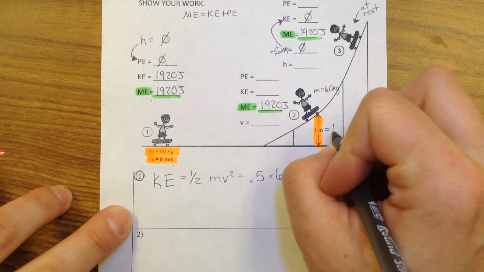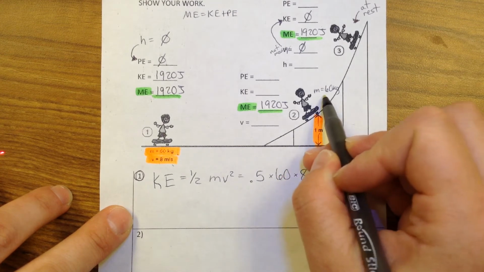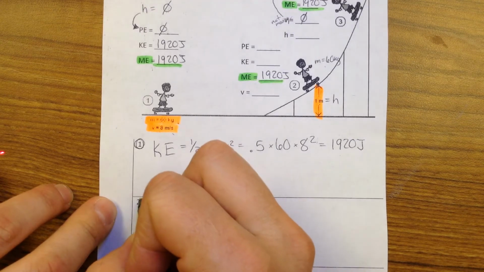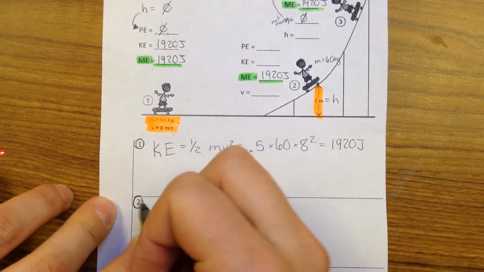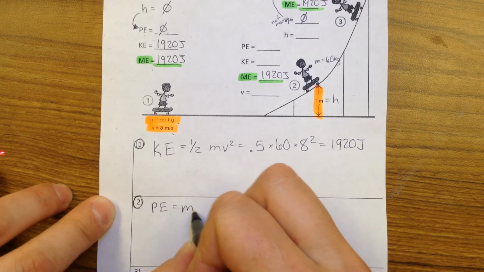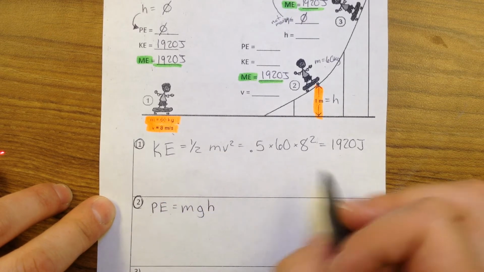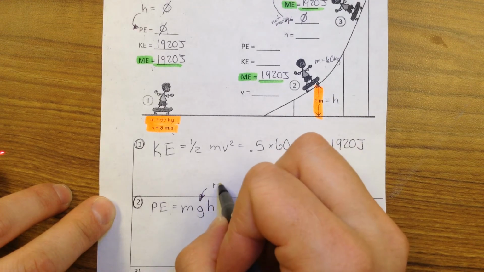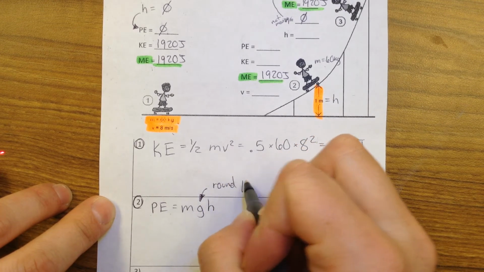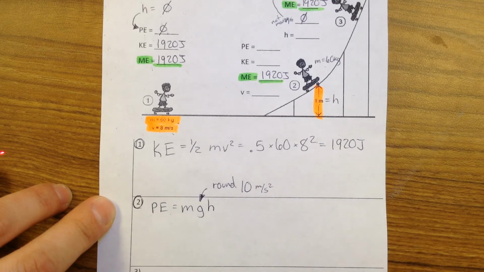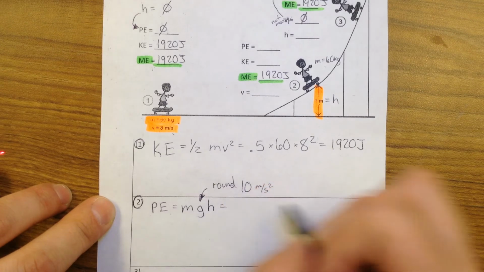Information I have, the height and the mass. So, at position 2, what can I calculate for? I can calculate the potential energy. Potential energy is mass times gravity times height. For this worksheet, round the value for gravity to 10 meters per second squared. It's usually 9.8. We're going to round it to 10 to make the math easier.